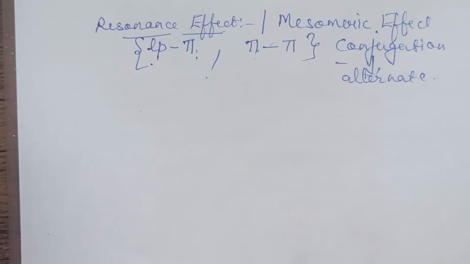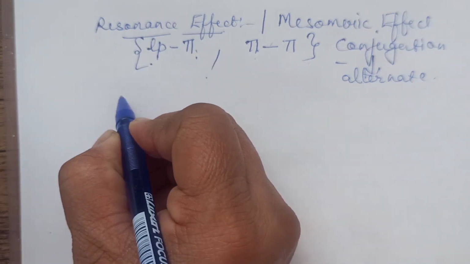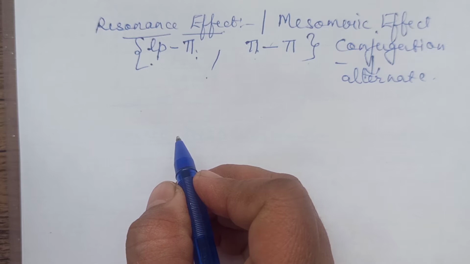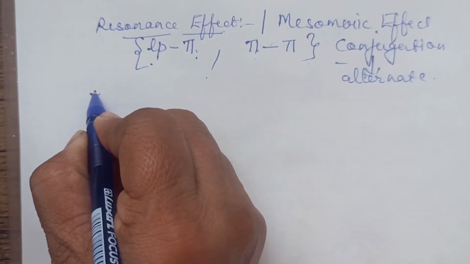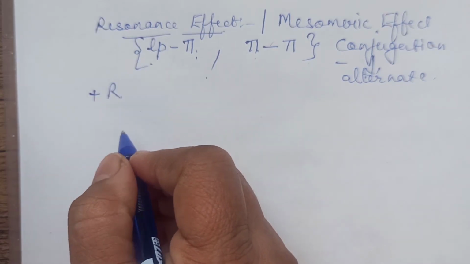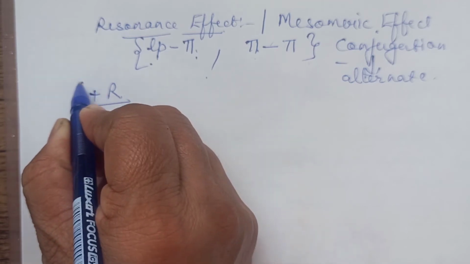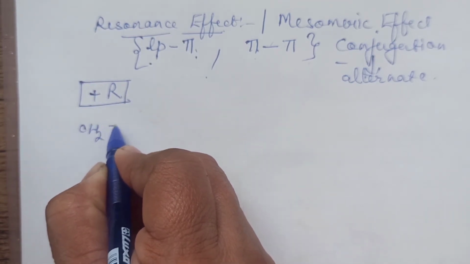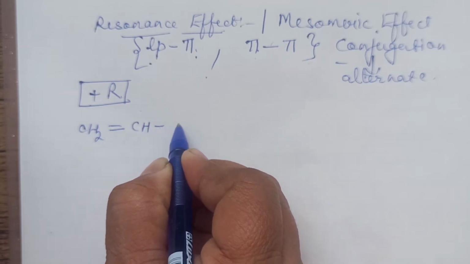Okay, now let's take examples of two types. This is plus and minus R effect, plus or minus M also we can say. So I'm taking an example of plus R effect, positive resonance effect, or plus M effect also we can say. CH2 double bond CH and Cl.